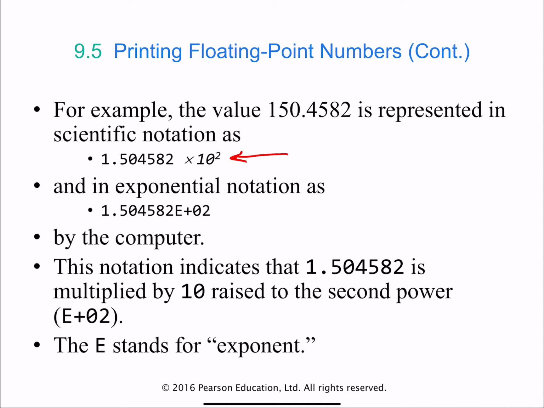Now, on a computer, we do not have superscripts, not on a console at least. So the same number would be displayed like this. Multiply by 10 to the power 2 is displayed here as e+02. The plus just clarifies the sign of the exponent, and e stands for exponential, meaning 10 to the power something.